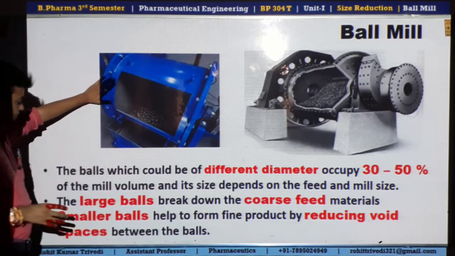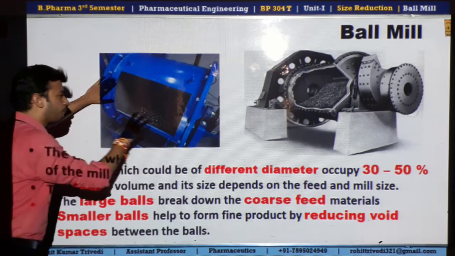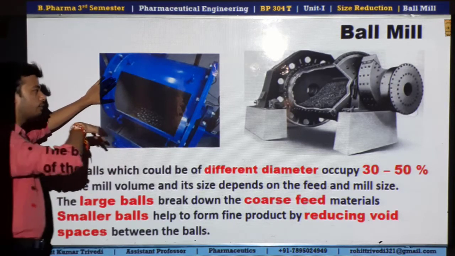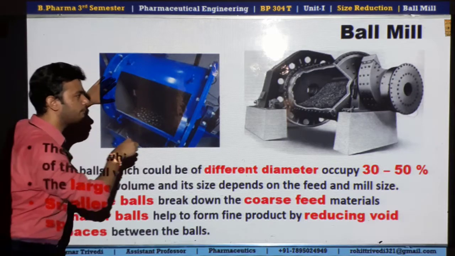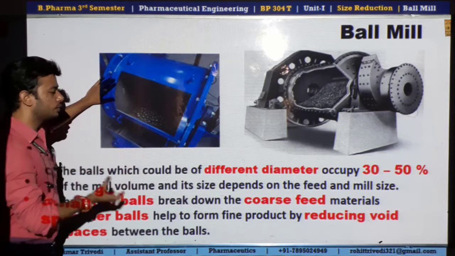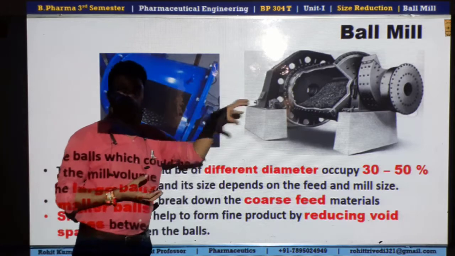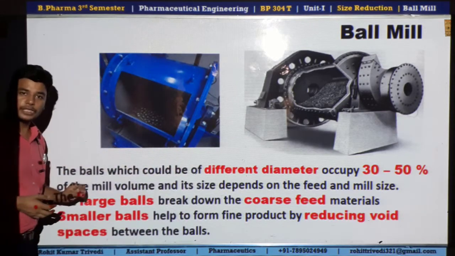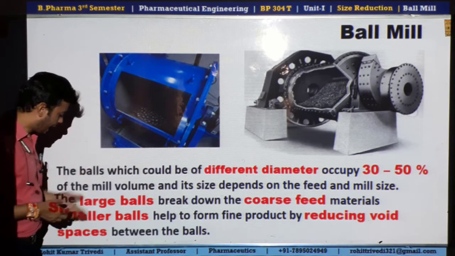Next are the large balls that we use inside the ball mill. The larger balls reduce the coarse material into smaller sizes. And if we use small balls inside the ball mill, what happens?